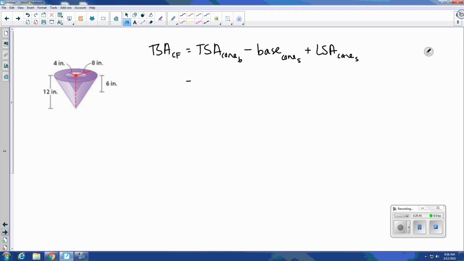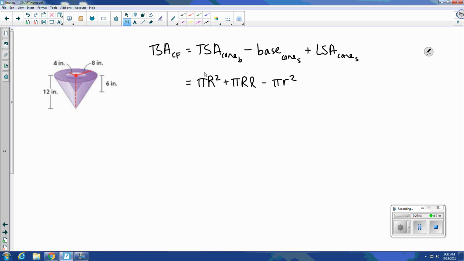So total surface area of a cone is going to be its base, which is a circle, so pi r squared. And then we have pi rl for the other piece. Now that L again represents the slant height. I'm going to go back to capital R's for the big cone. So plus pi rl. And again, L is slant height. So minus the base of the small cone, we're going to do minus pi lowercase r squared.